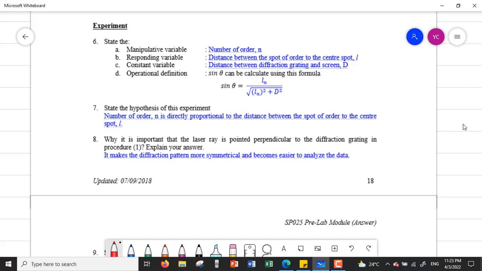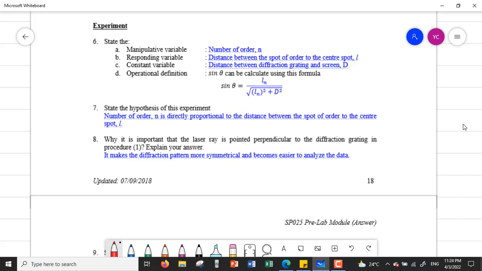The responding variable is the distance between the spot of order n and the center spot, L. The constant variable is the distance between the diffraction grating and the screen, D. The operational definition that we are going to use in this experiment is sin θ, which can be calculated using the equation sin θ = Ln over the square root of Ln squared plus D squared.